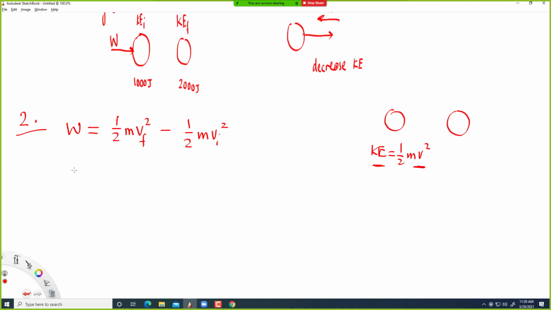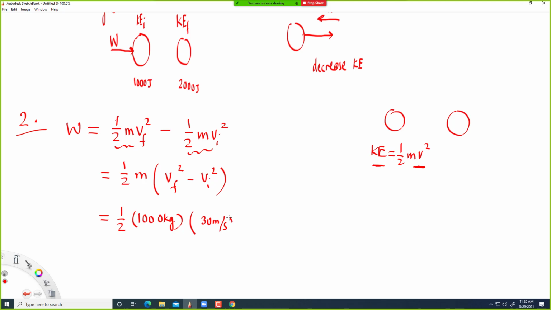Okay. 1/2 m is common to both the terms, so you can put the common terms outside the parentheses. So 1/2 m times Vf squared minus V initial squared. So 1/2, mass of the car is 1000 kilogram. Final velocity is 30 meters per second squared. Initial is 20 meters per second squared.